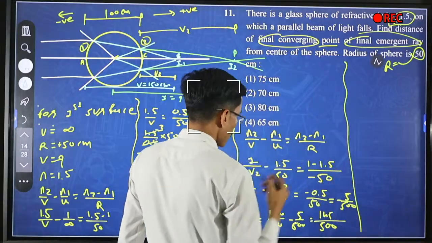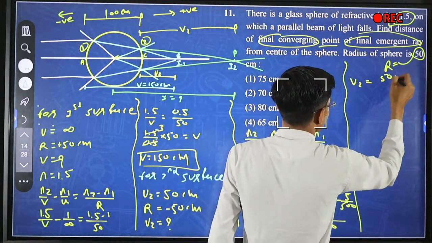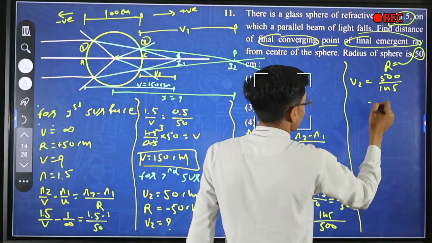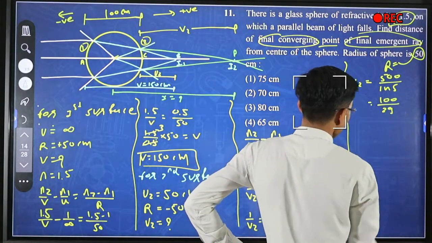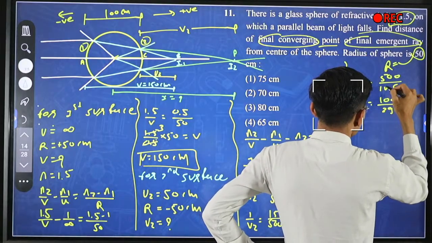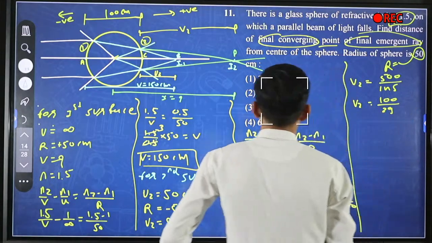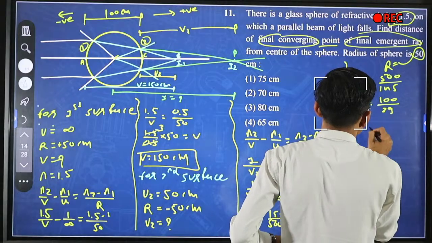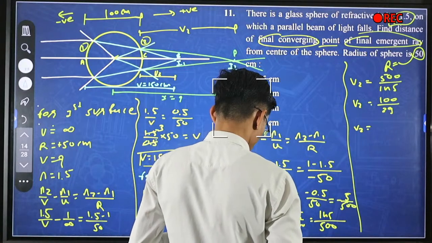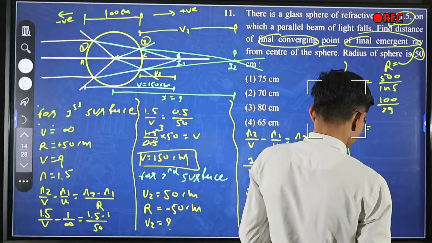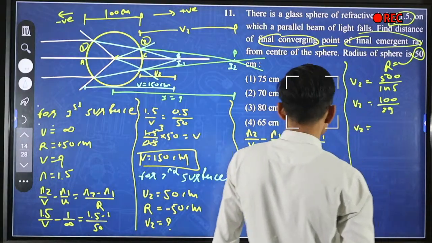Then v2 is equal to 500 divided by 145. Okay, 1 minute.